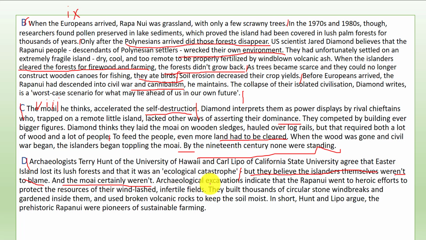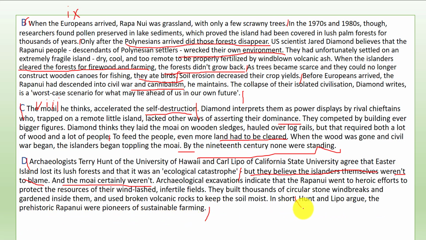Archaeological excavations indicate that the Rapanui went to heroic efforts to protect the resources of their wind-lashed and infertile fields. They built thousands of circular stone windbreaks and gardened inside them, and used broken volcanic rocks to keep the soil moist. In short, Hunt and Lipo argued that prehistoric Rapanui were pioneers of sustainable farming.